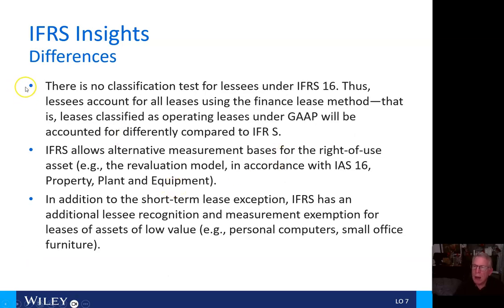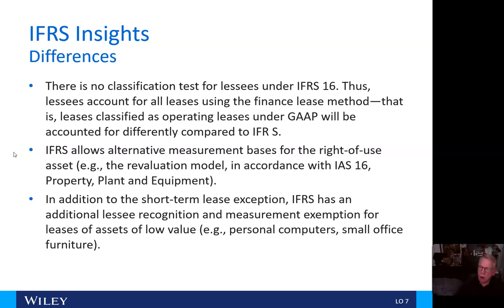Differences. Number one, there is no classification test for lessees under IFRS 16. Thus, lessees account for all leases using the finance lease method. That is, leases classified as operating leases under GAAP will be accounted for differently compared to IFRS.